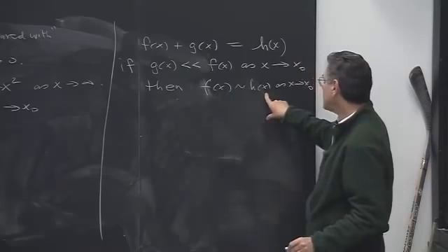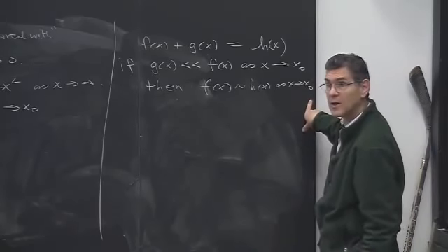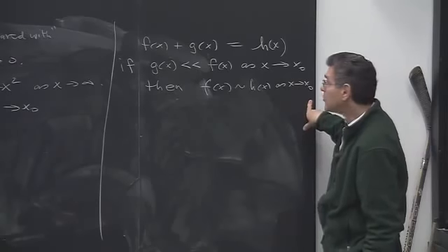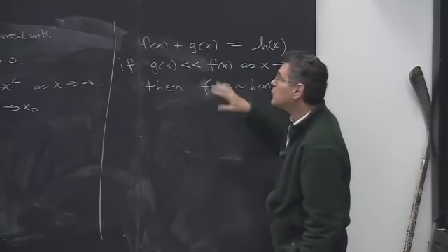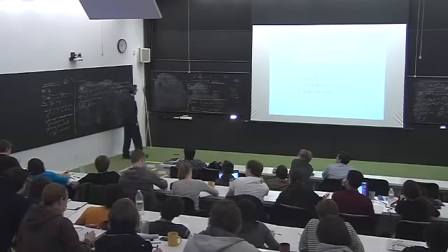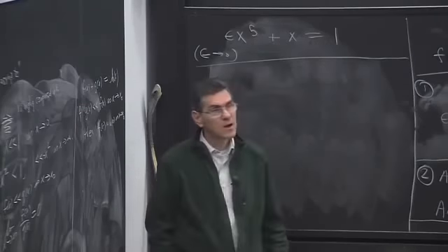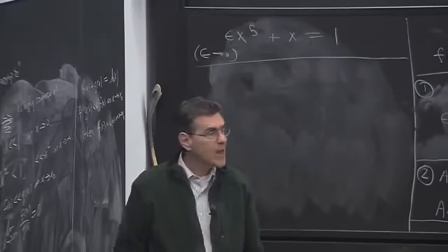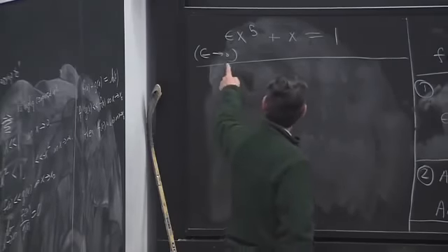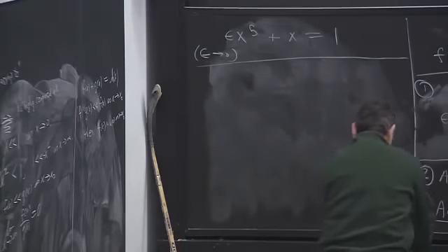So f is asymptotic to h of x as x approaches x naught. Okay? So this is the connection between this symbol over here and this symbol over here. The asymptotic symbol and the negligible symbol. Okay? So great. Here we have an equation with three terms in it. And we're considering what happens as epsilon goes to 0. Now, I think let's make more space here.